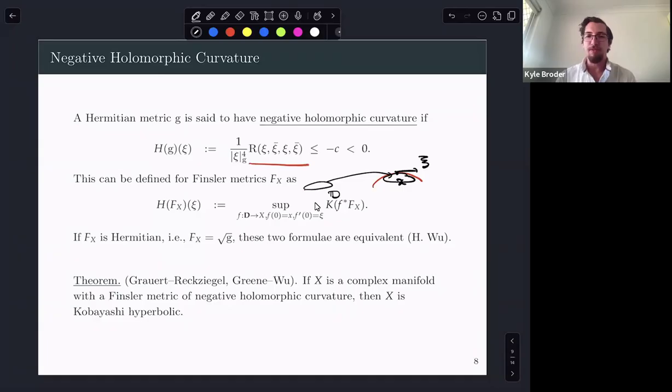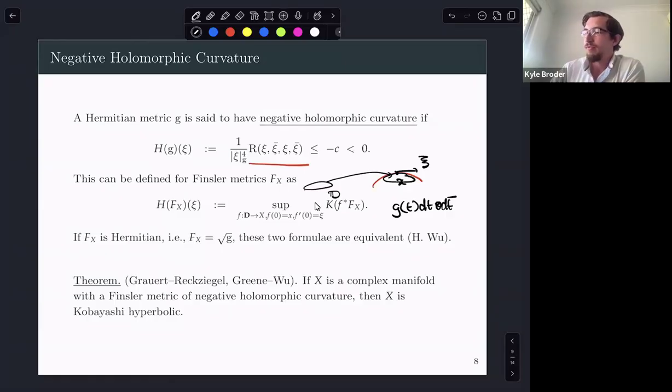I can pull back my metric to the disk. I'll get now a metric that looks something like maybe g of t dt tensor d t-bar. And I can now take its Gauss curvature. And then I can take the supremum over all such holomorphic mappings, and this is precisely the holomorphic curvature of the Finsler metric. And again, if the Finsler metric is Hermitian, they're equivalent.